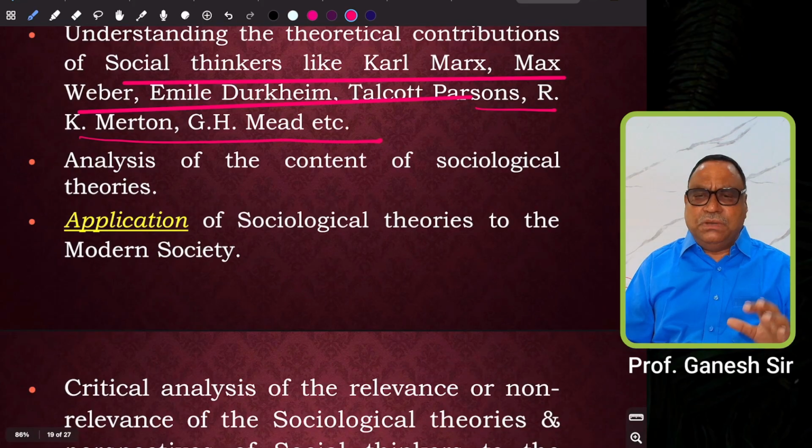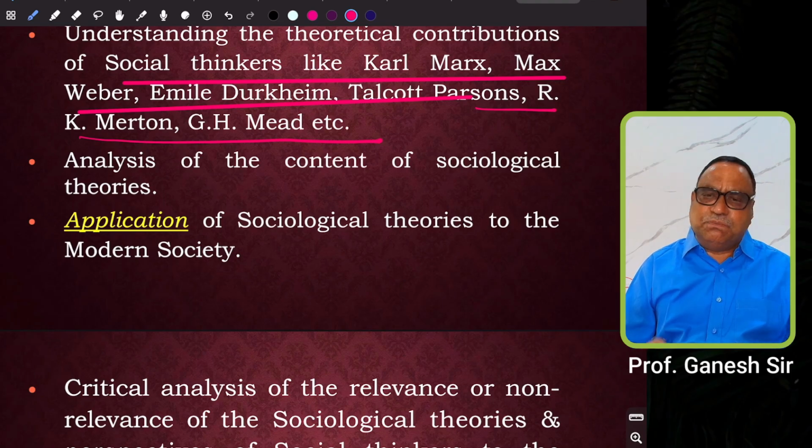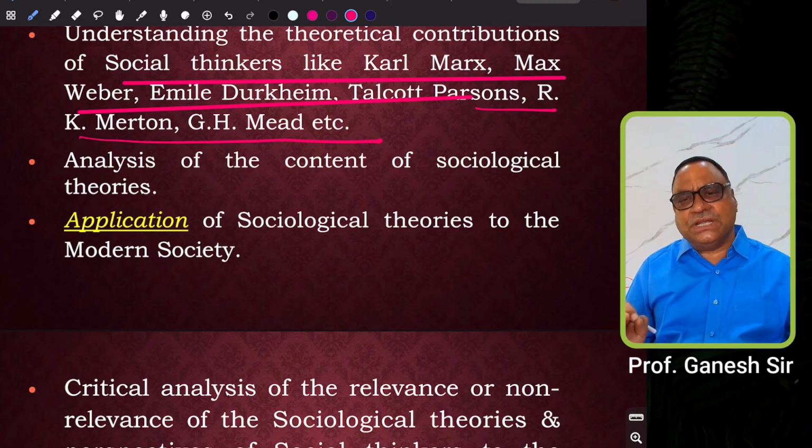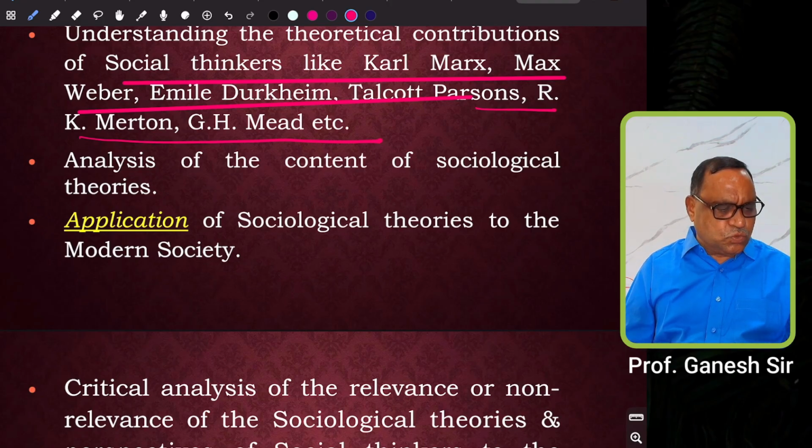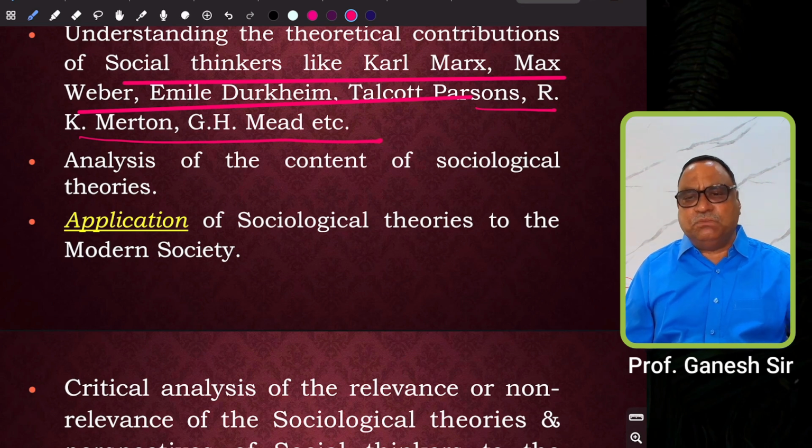In fact, especially in paper 1, there are many sociological theories related to social stratification, power and state, religion, family system, economic system, and social change. So a student is supposed to understand these theories. Let me briefly give you certain examples.